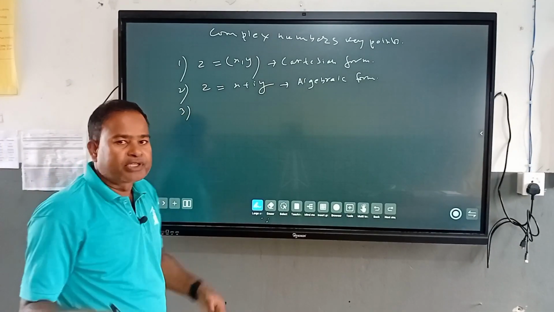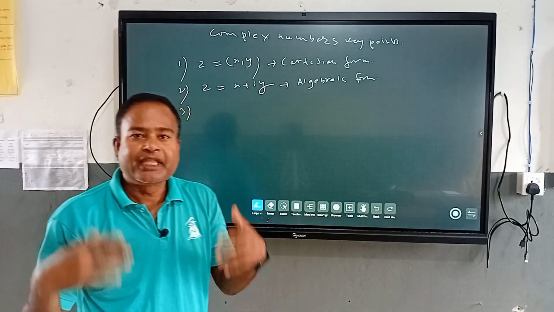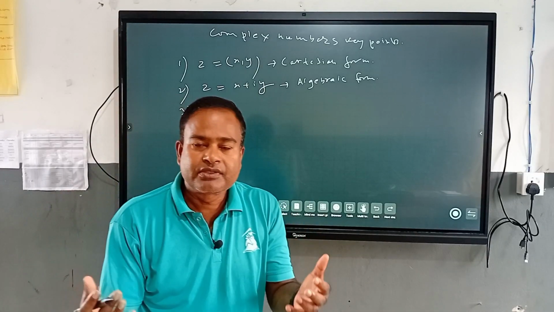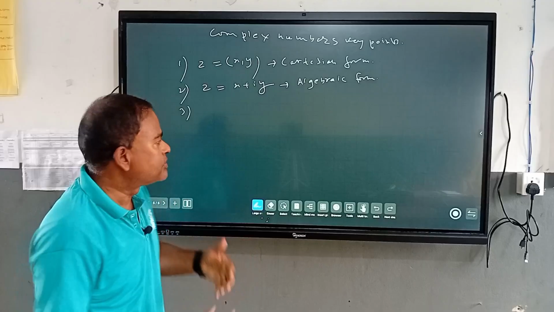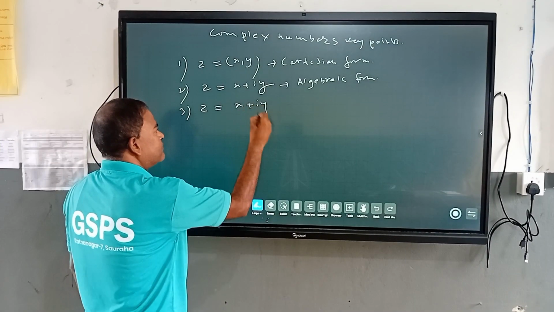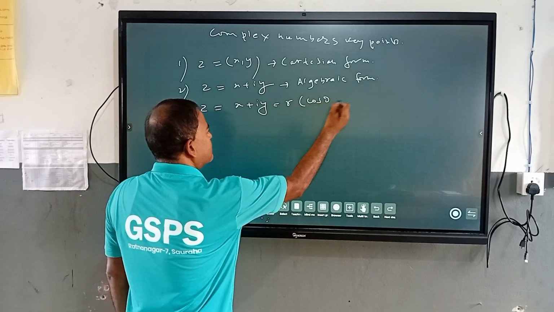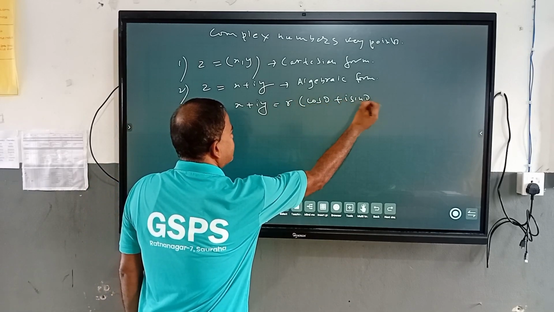Now the third key point, a complex number can be represented in the trigonometric form, which is also known as polar form. So let's write down. So z equals x plus iy, we can write as r cos theta plus I sin theta.